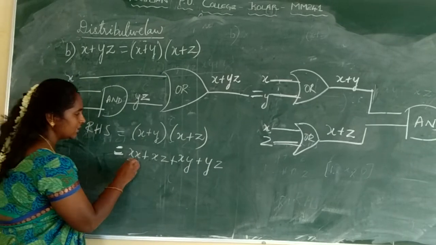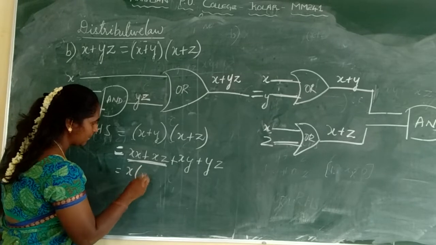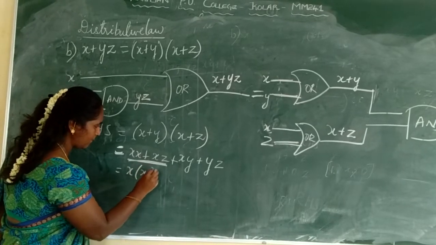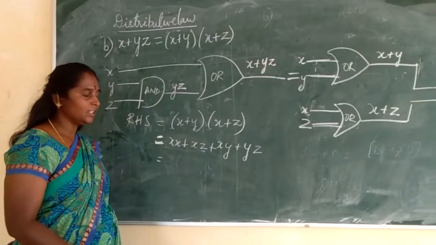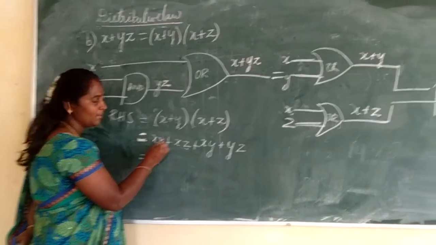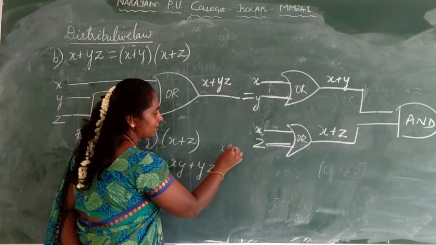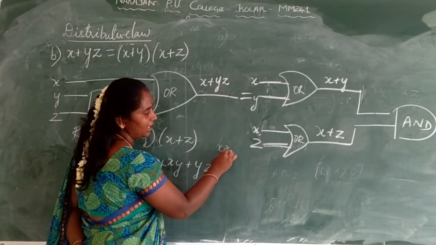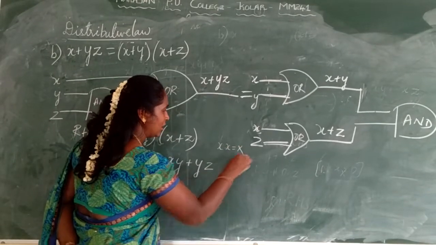In this case, take x as common. Here, x into x is nothing but your idempotence law: a variable combined with itself using an AND operator is equal to the same variable, that is x.